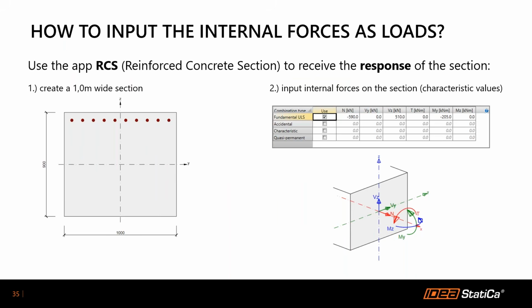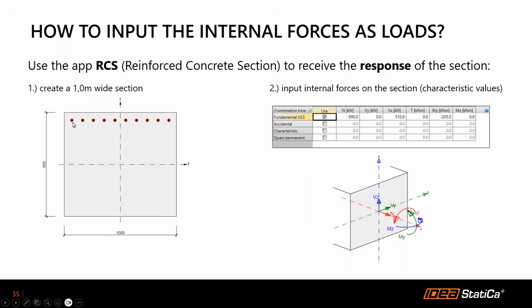One approach could be to use our application RCS, which stands for Reinforced Concrete Section, to receive the response of the section. So I create a 1 meter wide section. This is exactly the section that I will input loads on in Detail, which is 900 millimeter high, 1 meter thick.